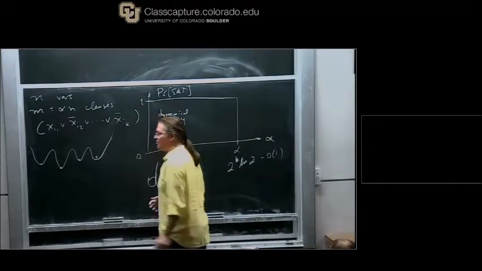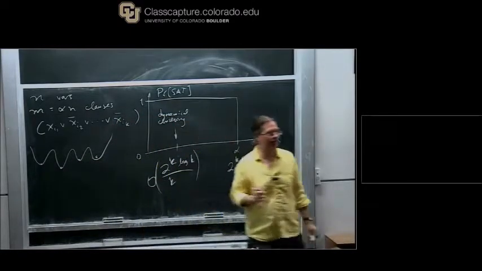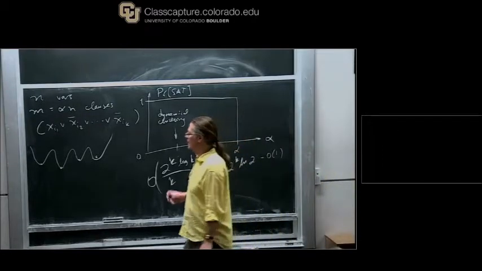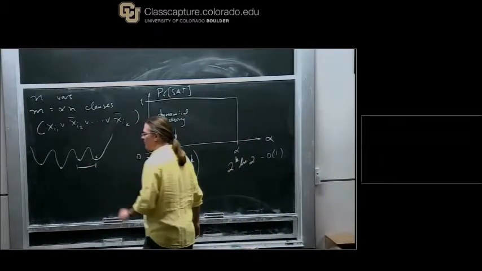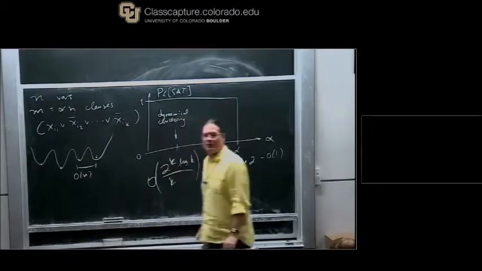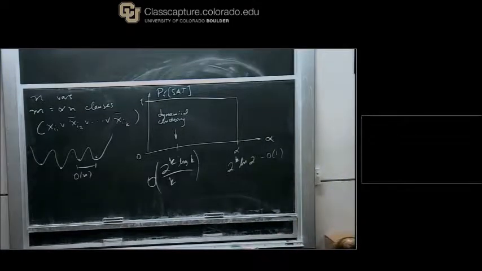But what happens at this point is that there become many different clusters of solutions, of satisfying assignments. There is a typical Hamming distance in between them, which is order n, which, again, means they disagree on an extensive number of variables. So these clusters are widely separated from each other.